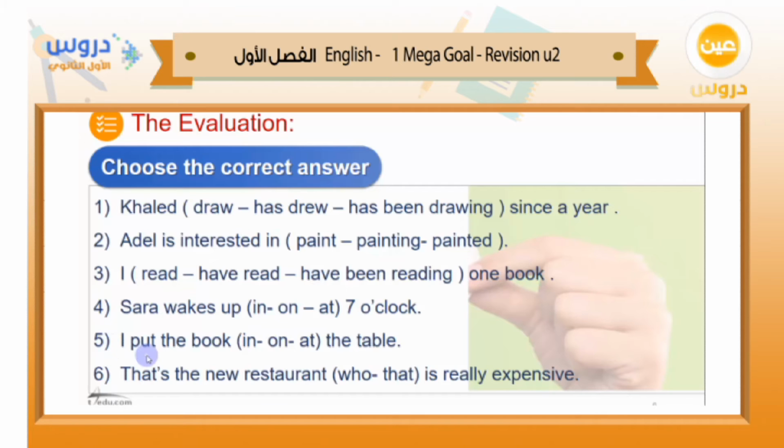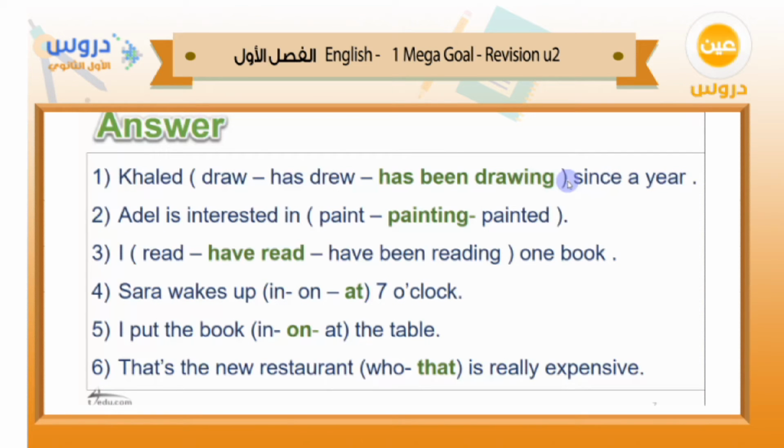Number 5, I put the book in on at the table. And the last sentence, that's the new restaurant who that is really expensive. So those were the sentences plus the options, and you need to choose the correct answer in each sentence.